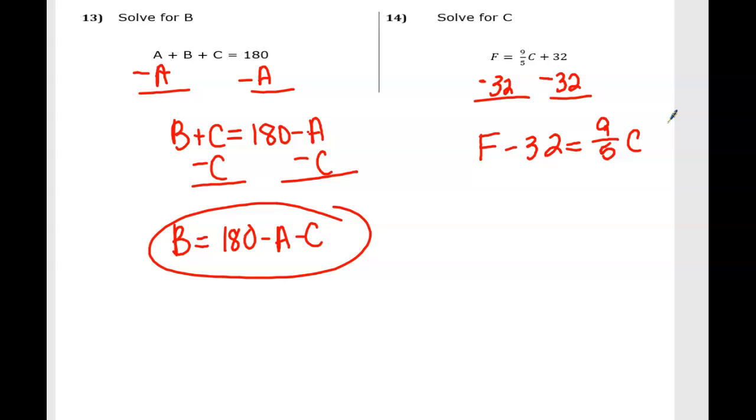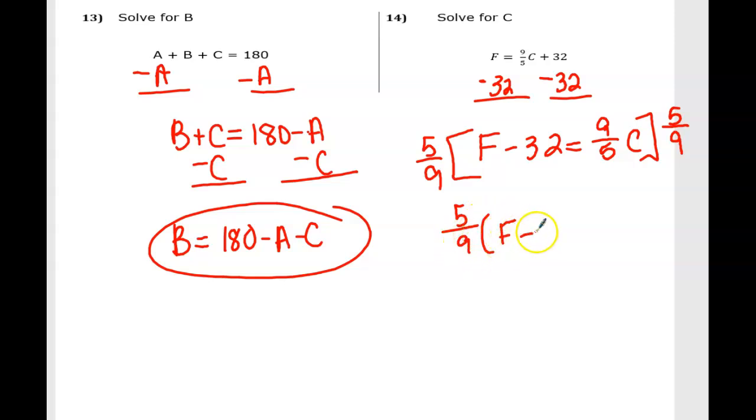Okay, 9/5 divided by 9, we want to take 9/5 and divide both sides by 9/5. So what we're going to do is actually multiply by the reciprocal. So we're going to multiply both sides by 5/9, because 5/9 times 9/5 is 1. So we're left with 5/9 times f minus 32 is equal to c.